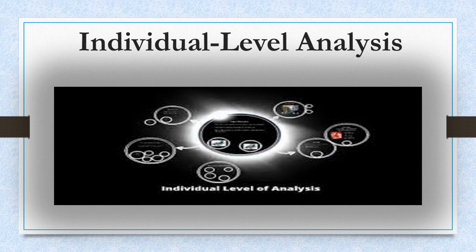Causes of war at individual level analysis are located in the following: a rational decision taken by the leader, a conscious decision to go for a war for the protection of national interest, is cited as one of the important reasons.